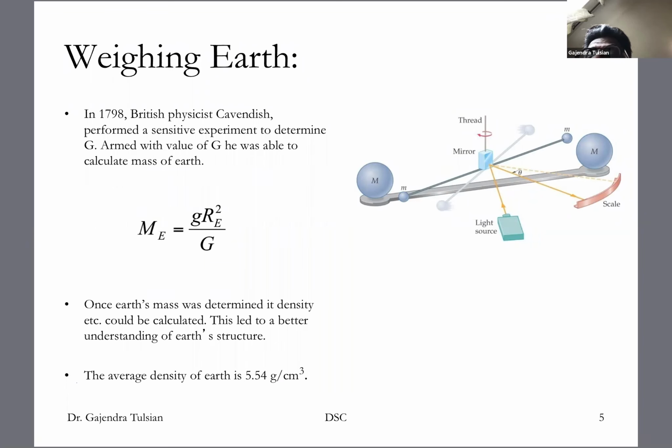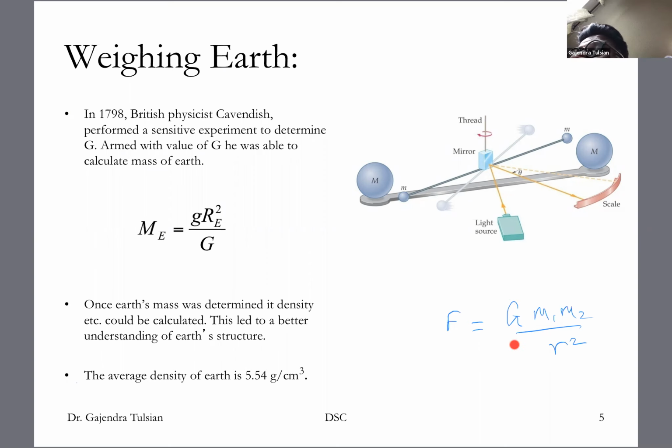Now, you saw that the gravitational force between two objects is given by G m1 m2 divided by r squared. G is the gravitational constant, and it's a very small number. In fact, this is the least accurately measured constant in physics.